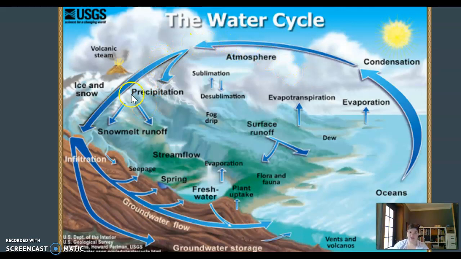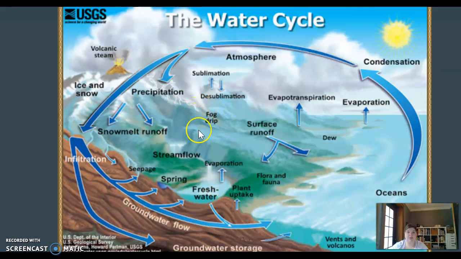Once we have precipitation, we can either have runoff with water that flows on the surface and is not absorbed by the surface but instead travels downstream. Water that is absorbed by the surface and infiltrates into the groundwater system. Or we can have water that's taken in by plants, flora and fauna.